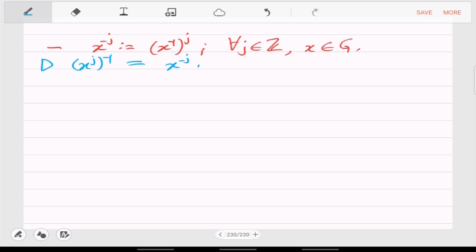You can either do x inverse first and then multiply j times, or you can multiply j times then take inverse, or you can do a combination of this. Everything gives the same answer. Okay, so which is why x to the minus j is the correct notation. It doesn't matter how you compute this thing. It's always the same answer.